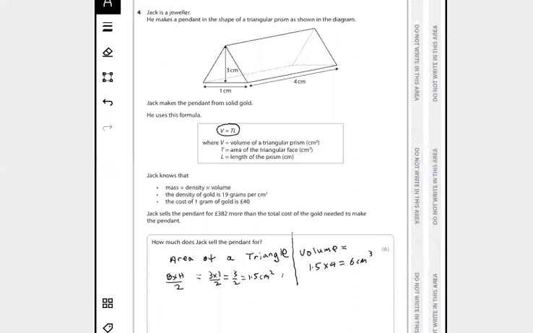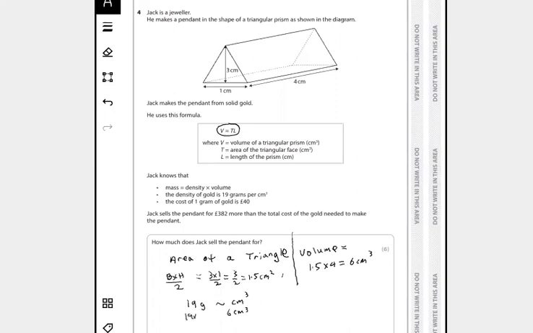Now the second part is finding the mass. What do we know? We know that the density is 19 grams per cm cube, and we found the volume, which is 6 cm cube.